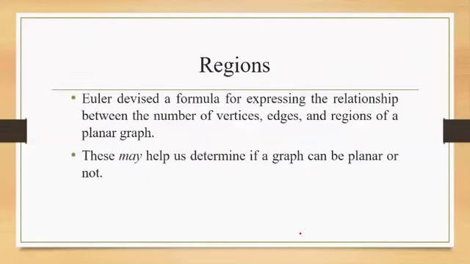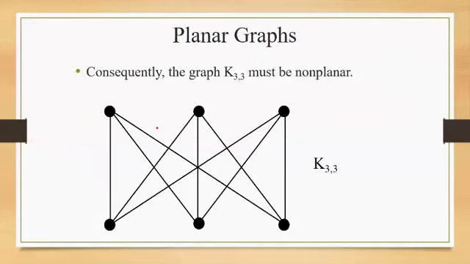Now, Euler devised a formula for expressing the relationship between the number of vertices, edges and regions of a graph. These may help us determine if a graph can be planar or not. So Euler's formula can be useful in determining whether the graph is planar or not. R will be equal to E minus V plus 2. Over here, how many edges do we have?